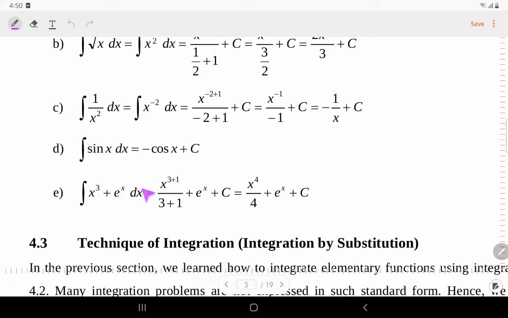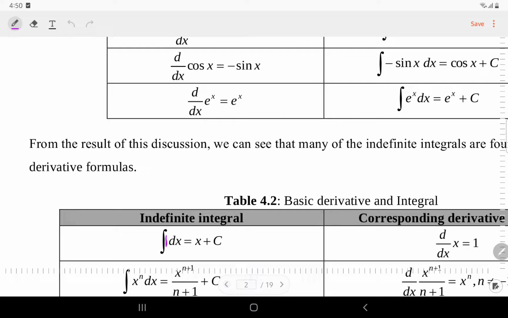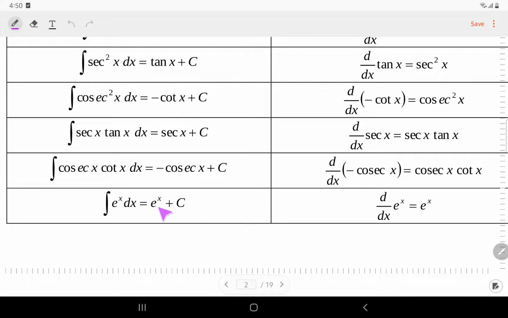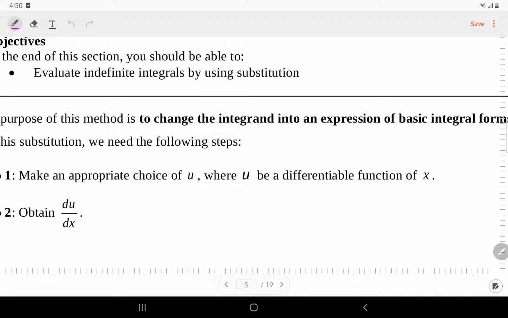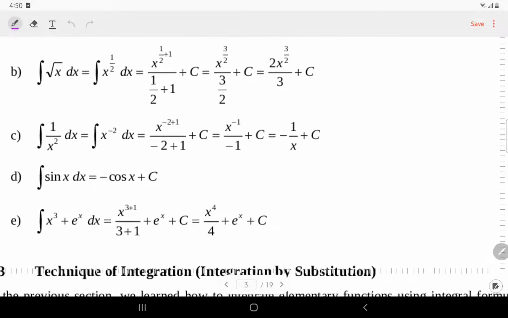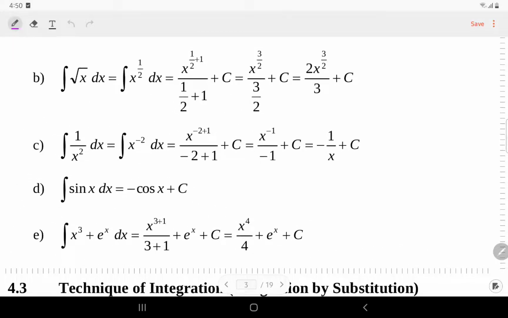Exponent x integrate jadi benda yang sama. So plus with exponent power of x plus constant. So akan dapat jawapan ni lah. Okay, that's the basic integration.